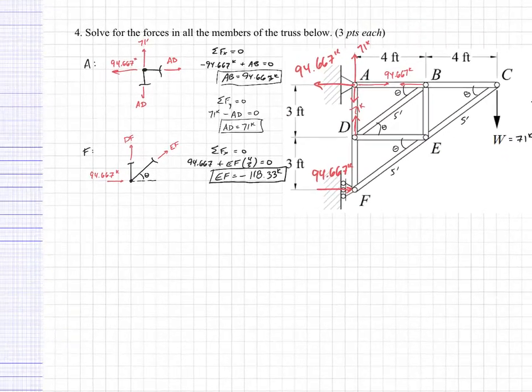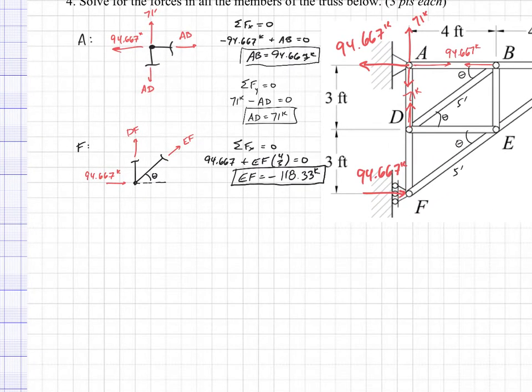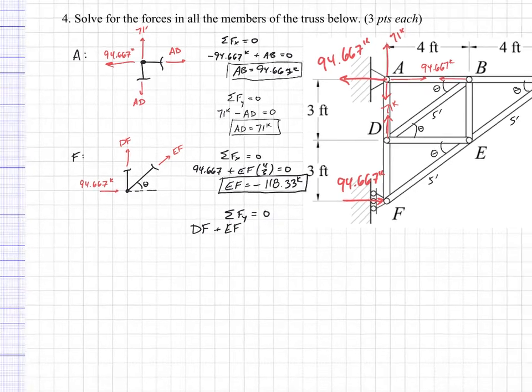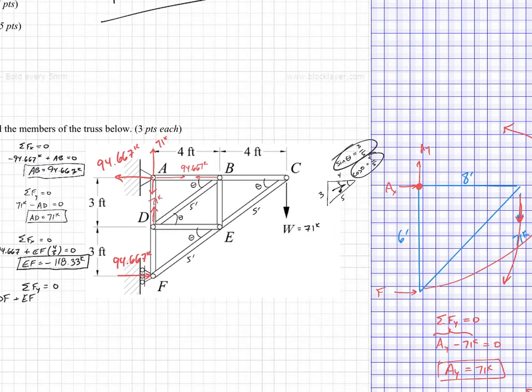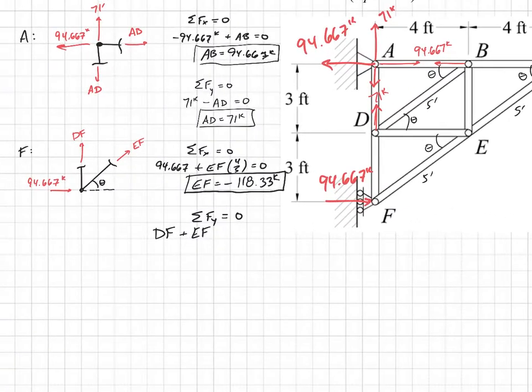Okay, so let's do DF. Sum of the forces in y equals 0. So I've got DF going up, plus EF times the sine of that angle, so times 3/5, equals 0. One question you might ask is, why is this plus? It's because I'm following the drawing.